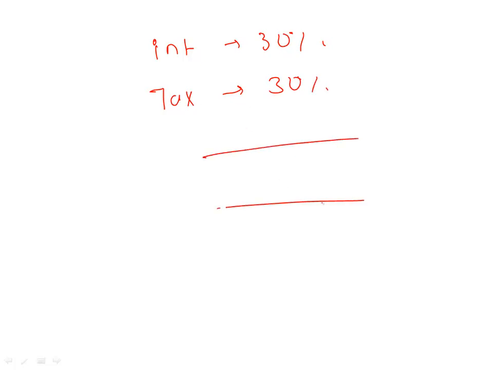So if I tell you that your cost of interest is 30% and your tax rate is 30%, what is your effective cost of interest? 21%. How did you calculate? 30 into 1 minus t.